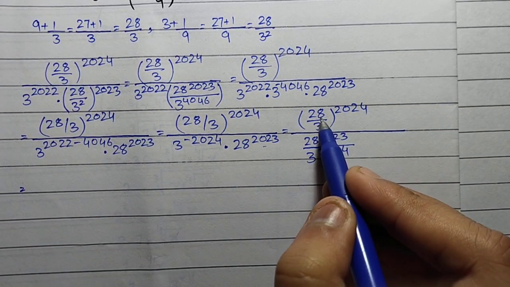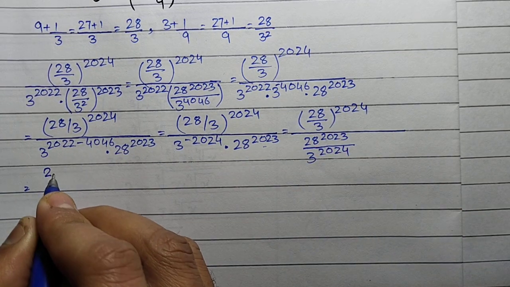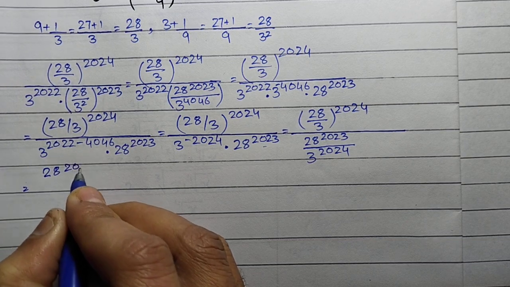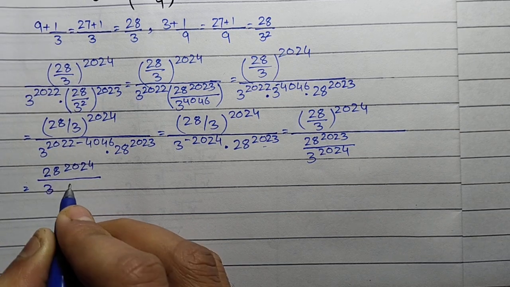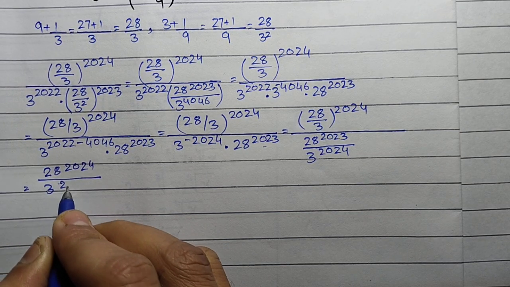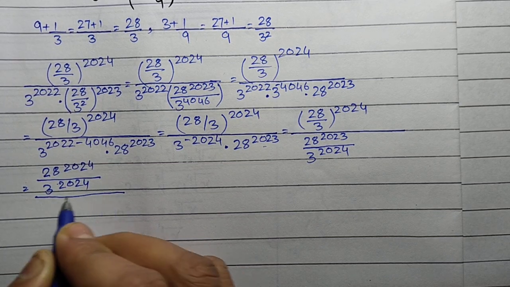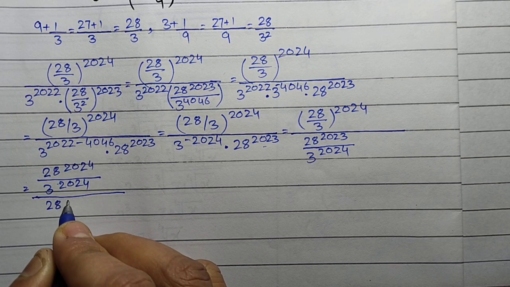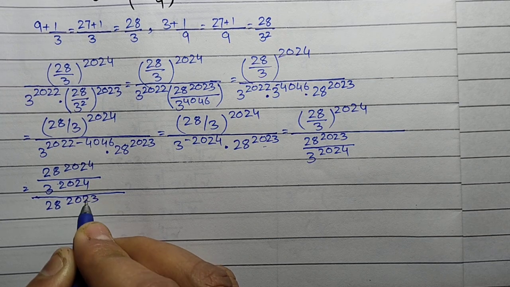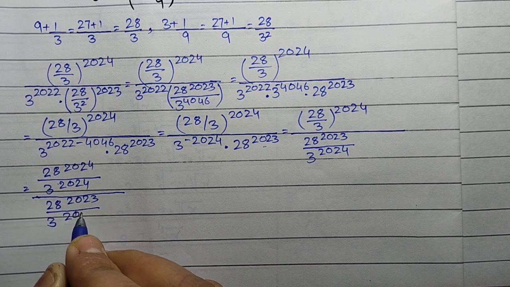Now first of all, I will write these powers separately. 28 raised to power 2024 over 3 raised to power 2024 divided by 28 raised to power 2023 divided by 3 raised to power 2024.